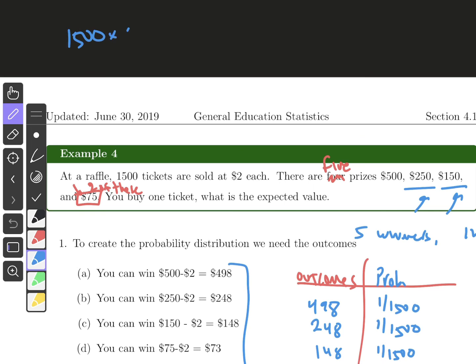So they made $3,000. But then they paid out all those prizes. So what did they pay out? All right, this is the money in, this is the money out. So they paid out 500, 250, 150, and then two of those $75, right?